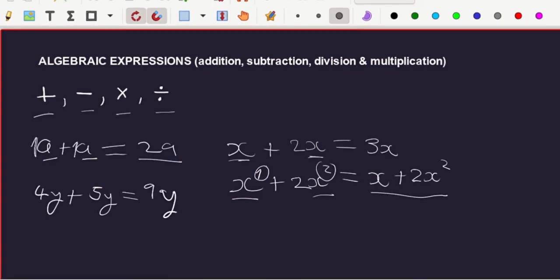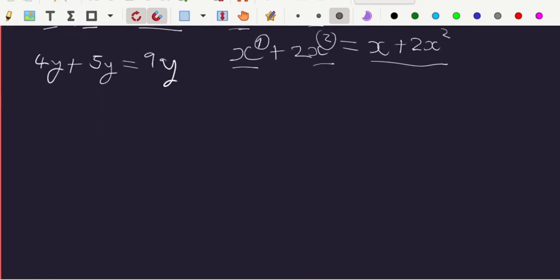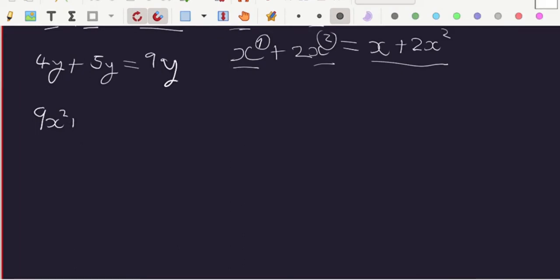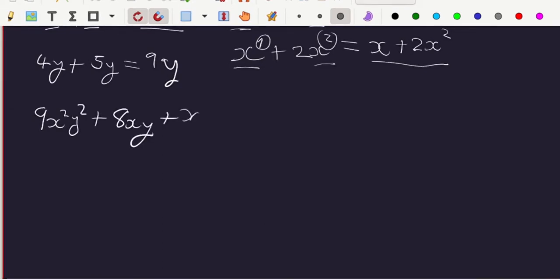Let's do one more example with a few more terms in it, which is 9x squared y squared plus 8xy plus x squared y squared.